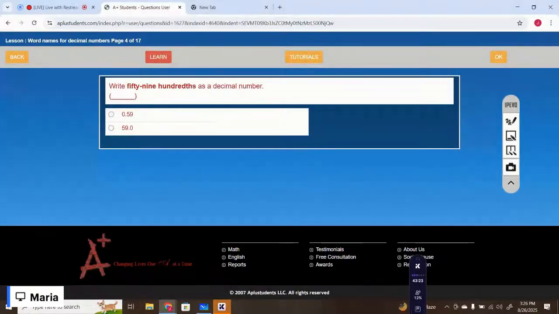Write 5900th as a decimal number. So which is the correct option? Write 5900th.